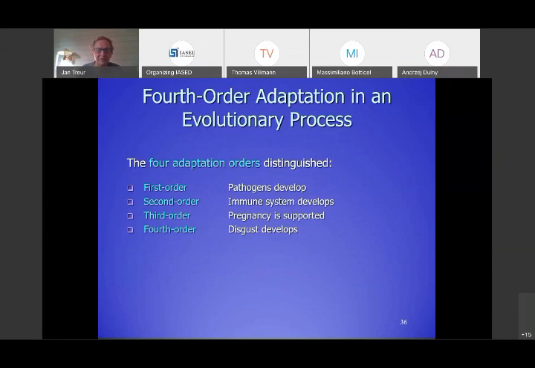So remember that the first order adaptation is that pathogens develop, second order is the immune system develops, the third order is pregnancy is supported, and the 4th order is disgust develops.